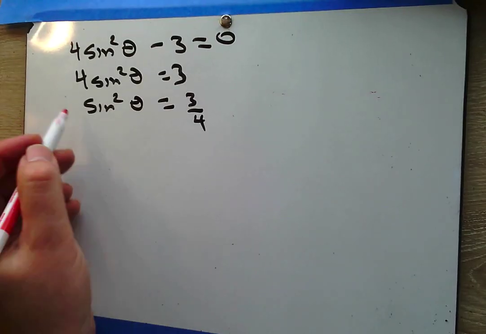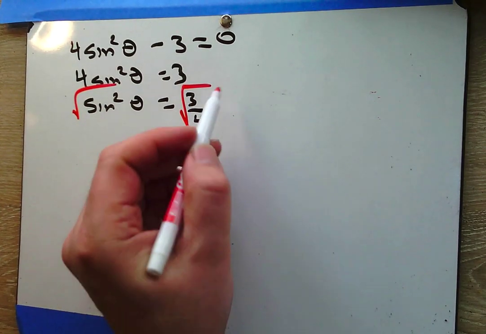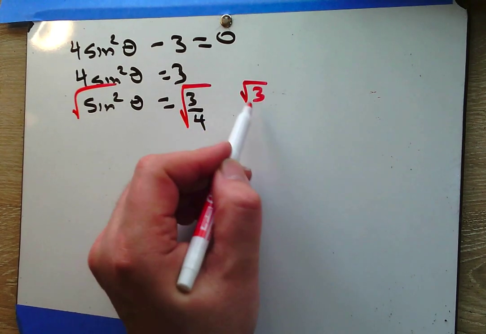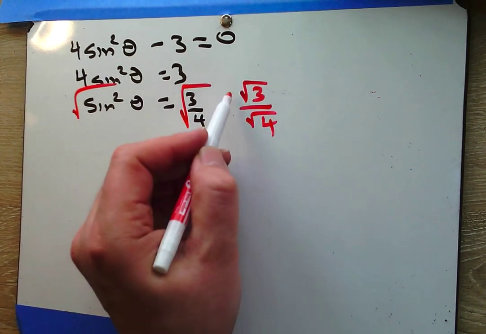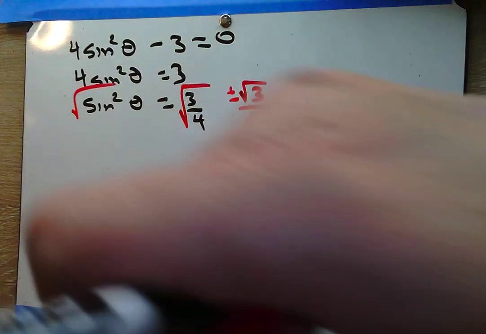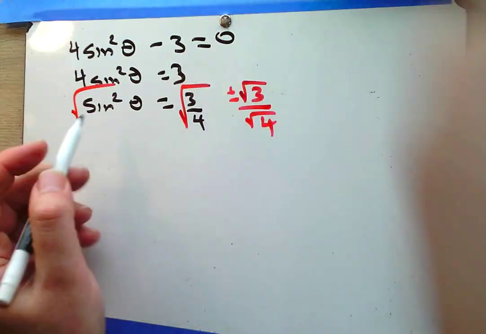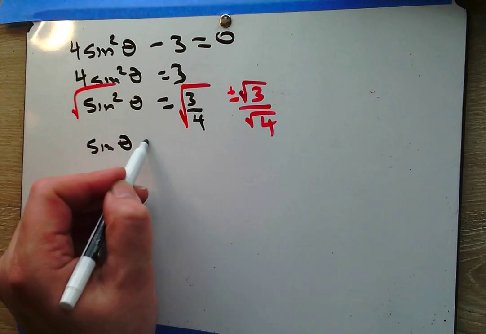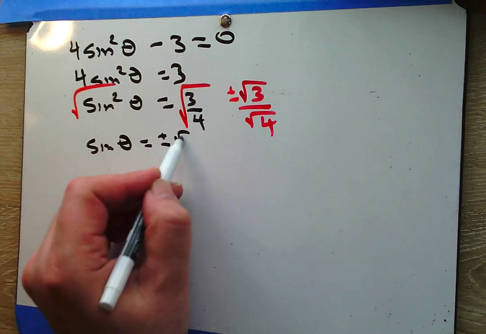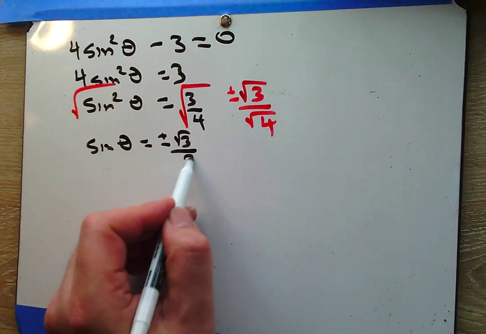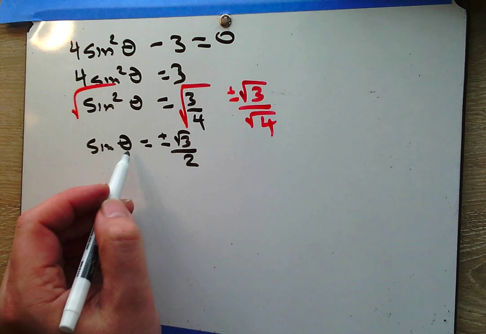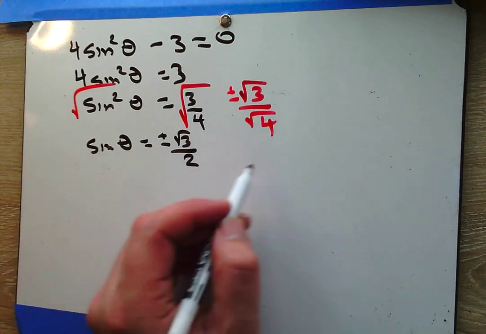And when we take the square root of both sides, that's going to be square root of 3 over square root of 4. Don't forget that plus and minus. So we'll know that sine theta equals plus and minus root 3 over square root of 4 is 2. We've just seen that twice before.